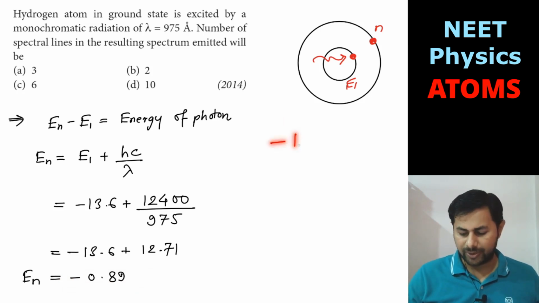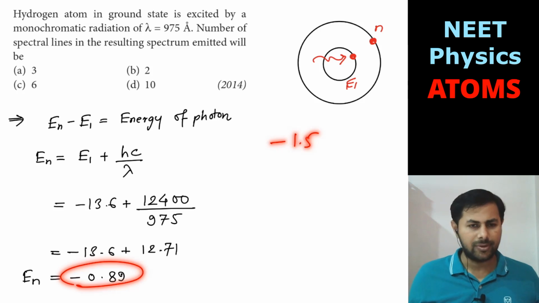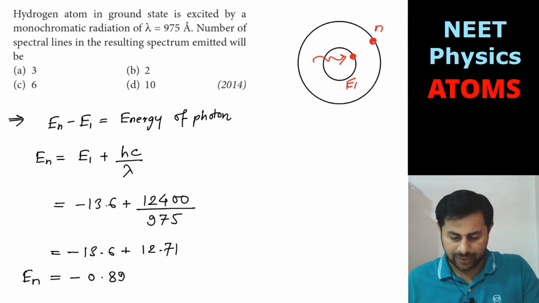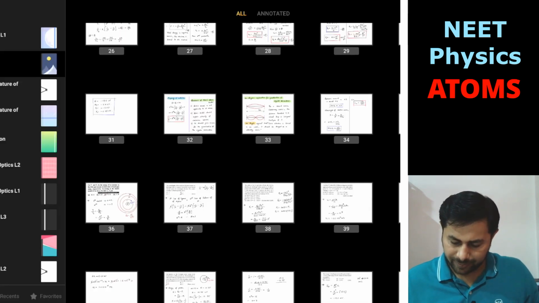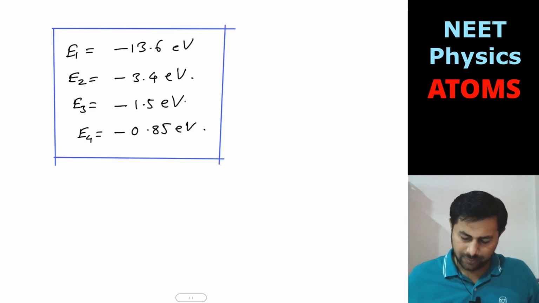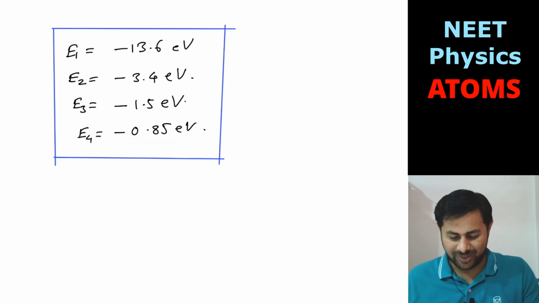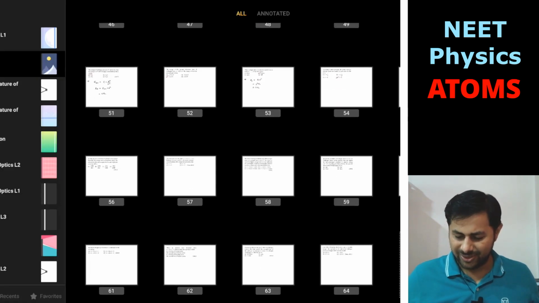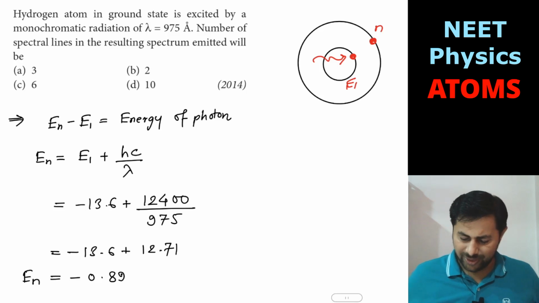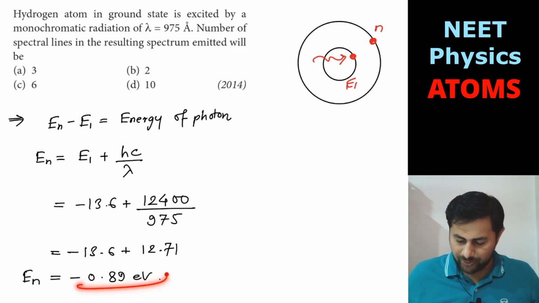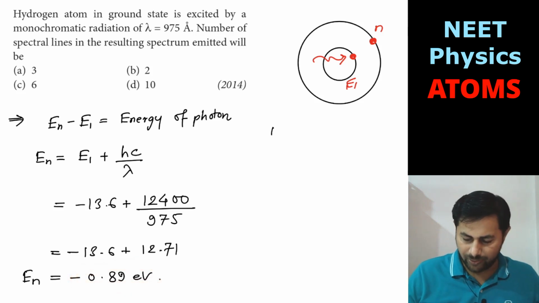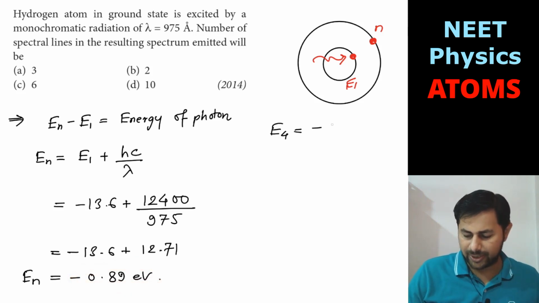E3 is equal to minus 1.5, and E4 is equal to minus 0.85, sorry, not 0.89, it's minus 0.85. So this would be the fourth orbit, because the energy of the fourth orbit is minus 0.85 electron volts.